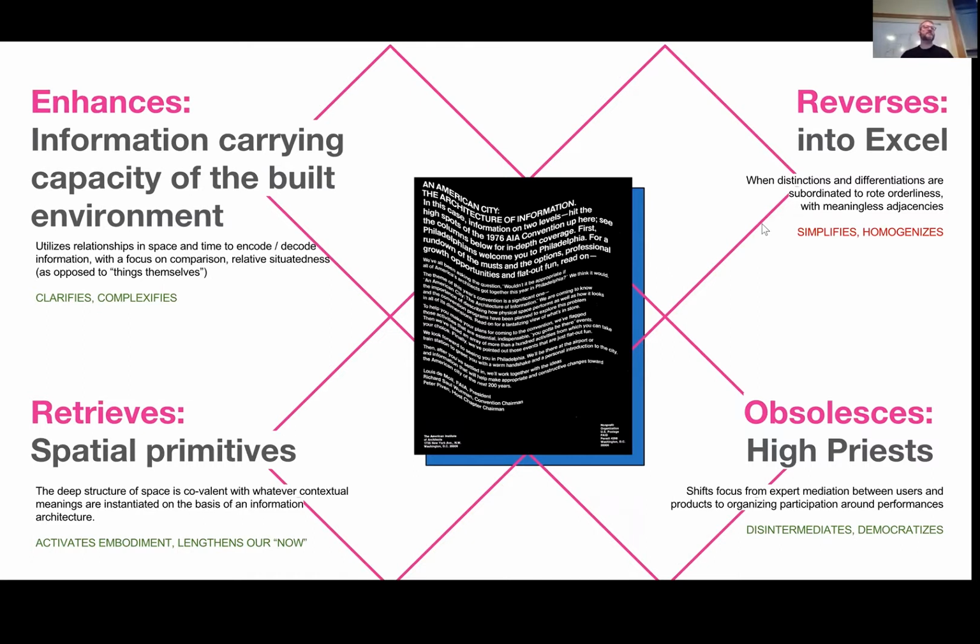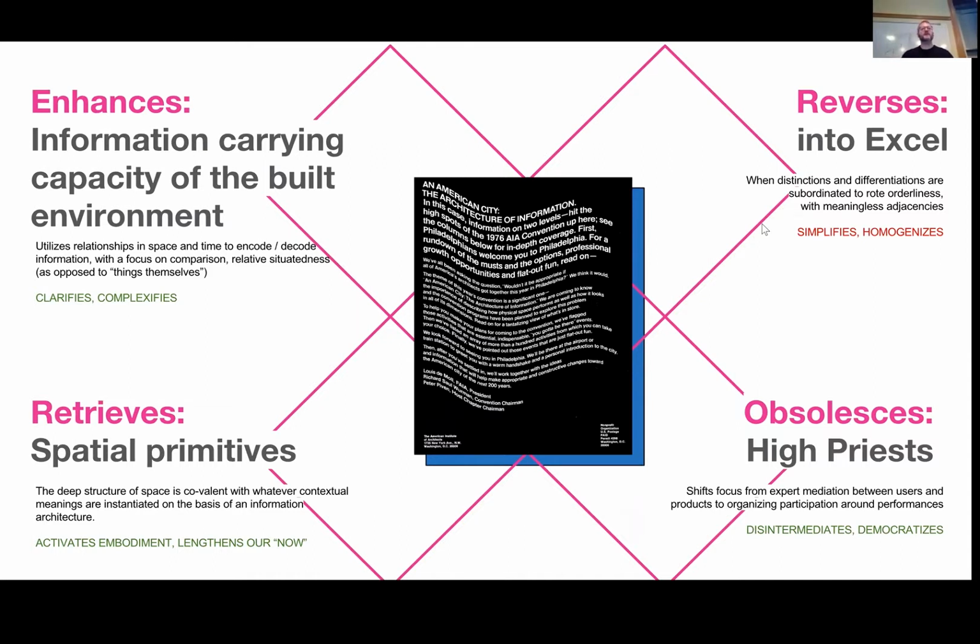So not a focus on things, but a focus on the relationship between things and how to make the built environment tell us more about itself and what we want to do with it. It clarifies, it complexifies, makes us able to deal with complexity better.